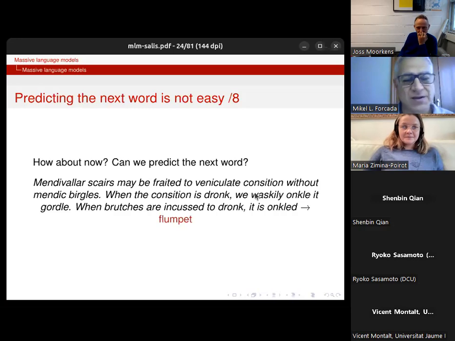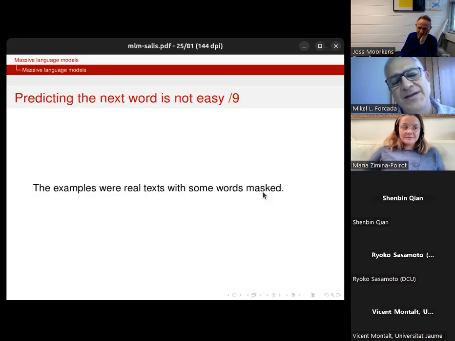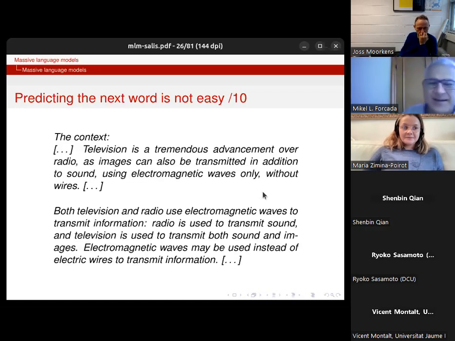Okay. So this, of course, is a text which I have masked some words on, and this is actually real text. So it was television. So flumpet was television. Television was a tremendous advancement over radio, as images could be transmitted in addition to sound. So I just masked some English words.